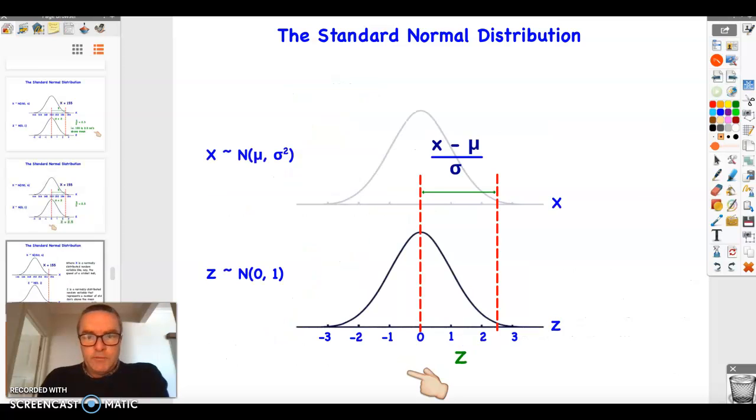So this diagram just clarifies what we've done here. We've taken a value of x, we've subtracted the mean of that distribution, which is really its distance above or below the mean, and we've divided it by that standard deviation, which is really the scale of that graph. And it's that value that we call z, which is represented on the axis here with the standard normal distribution.